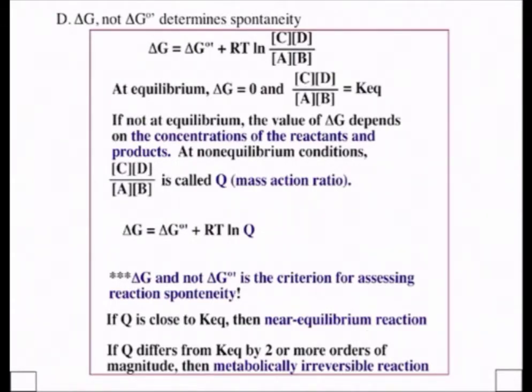So what does orders of magnitude mean? That might be an important thing to note. Orders of magnitude just means factors of 10. So if Q differs from KEQ by 2 or more factors of 10, then the reaction is said to be metabolically irreversible.